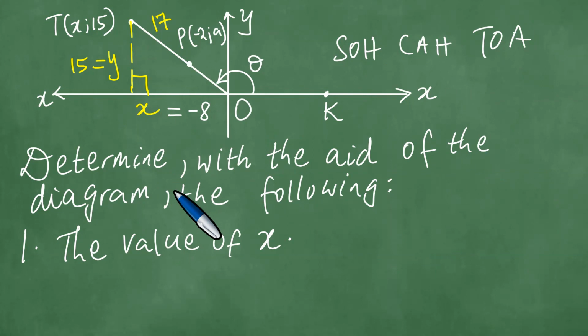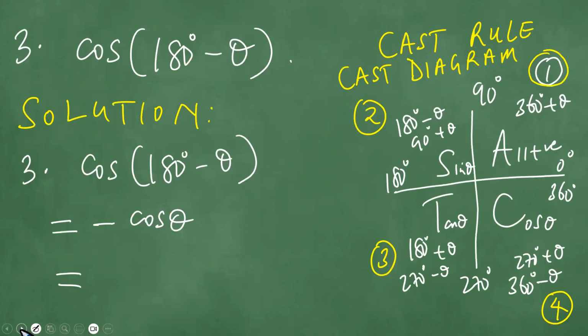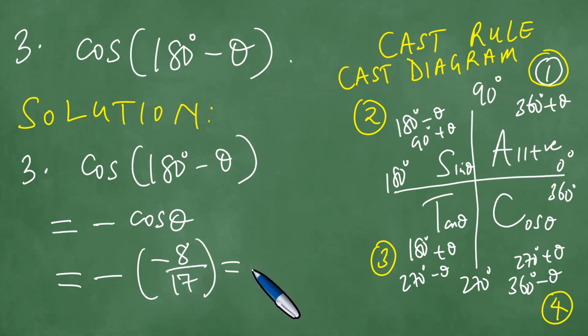That is our adjacent side, and the hypotenuse is 17, so it's -8 out of 17. Well done. And therefore, the result is -8 out of 17.